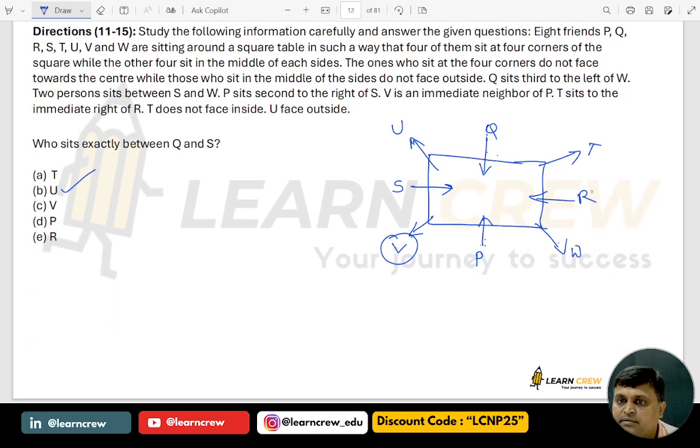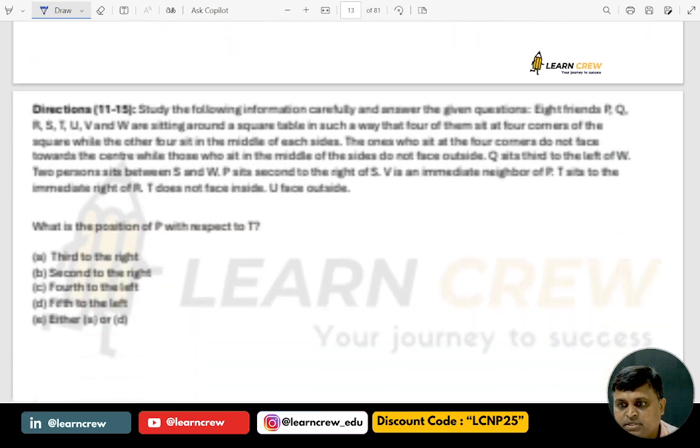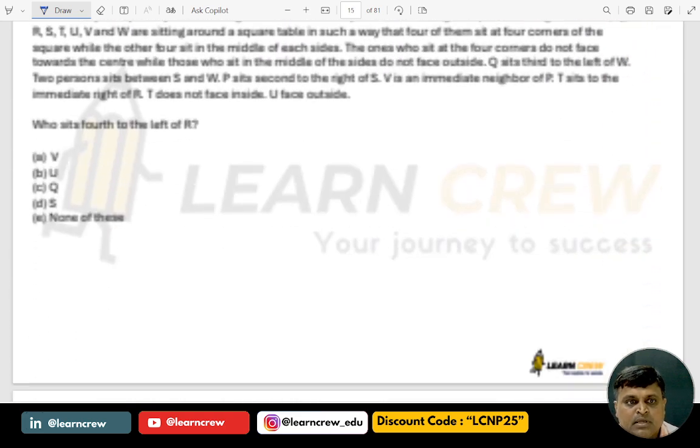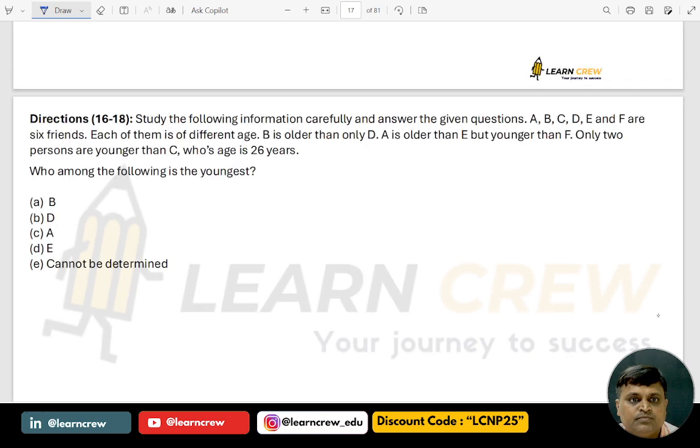P, Q, R, S, T, U, V, W. So two persons' positions are not changed. The answer is 2.